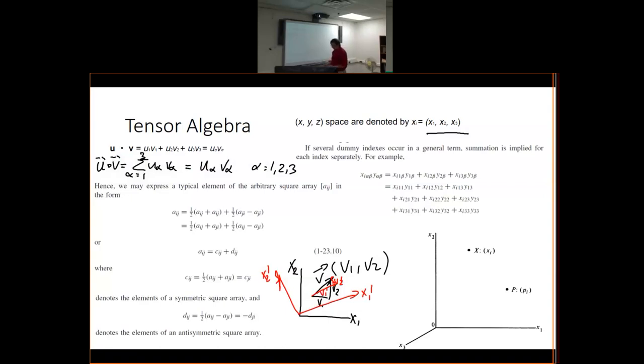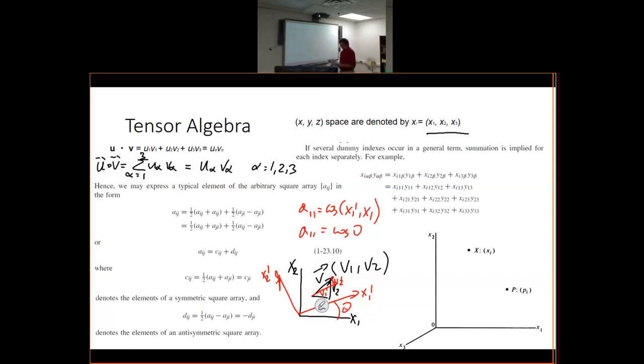Now, what we are going to do is to define the components, and we will define those components as Aij. So A11 would be the cosine between x1 prime and x1 coordinate system, which is the cosine of this angle theta, okay?